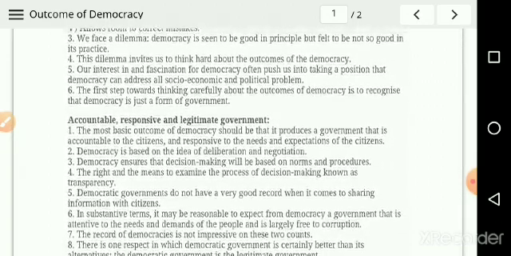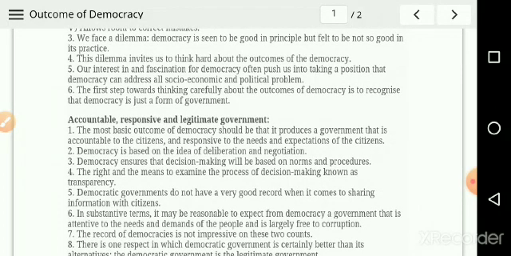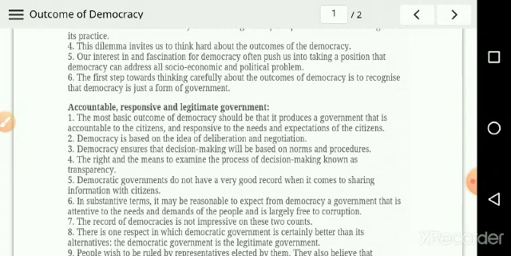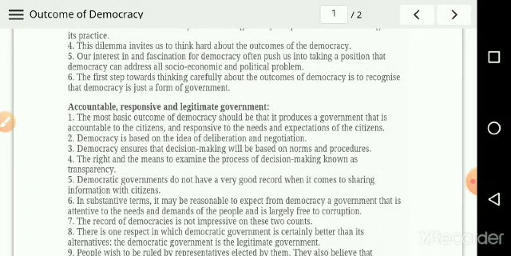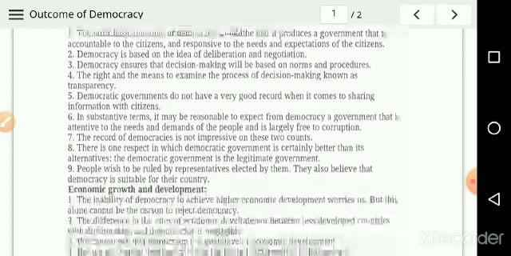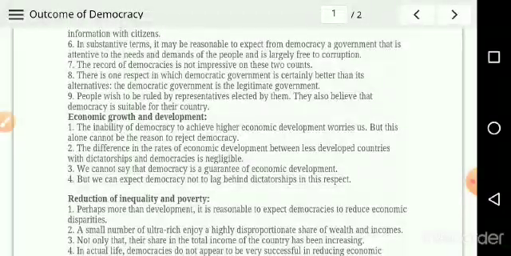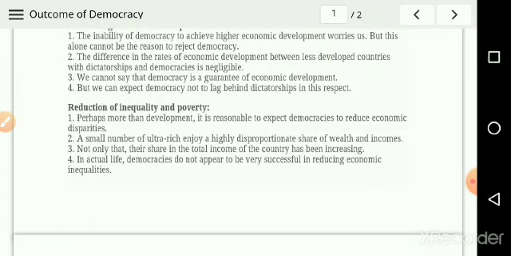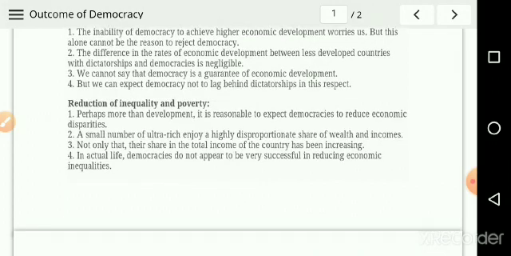And in the outcome of democracy, we can make three heads: economic aspects, social aspects and political aspects. First we are going to think about accountable, responsible and legitimate government. It comes under the political part of democracy. The next heading is economic growth and development. Then the social aspects of democracy: reduction of inequality and poverty.